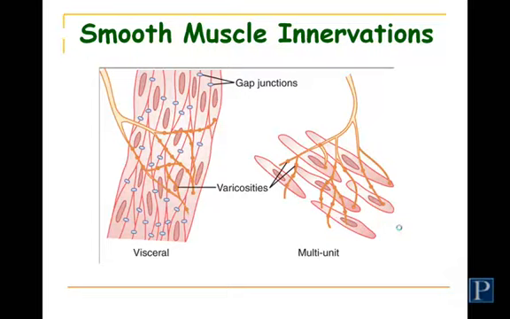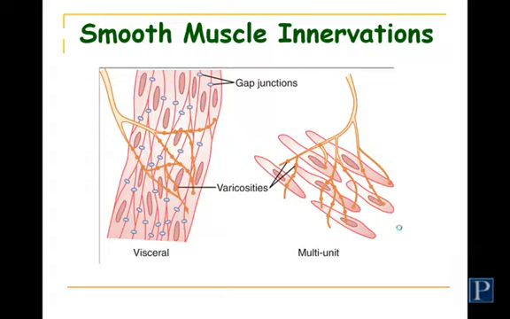It can be affected by a number of different things, but right now let's at least talk about the nervous system innervation. Skeletal muscle is innervated by the somatic nervous system. Smooth muscle is innervated by the autonomic nervous system. So there's a big difference there.